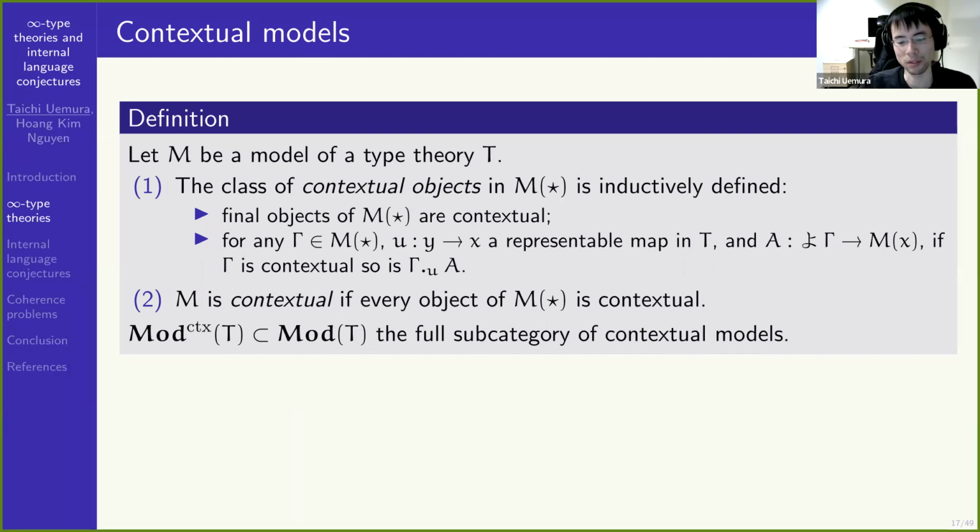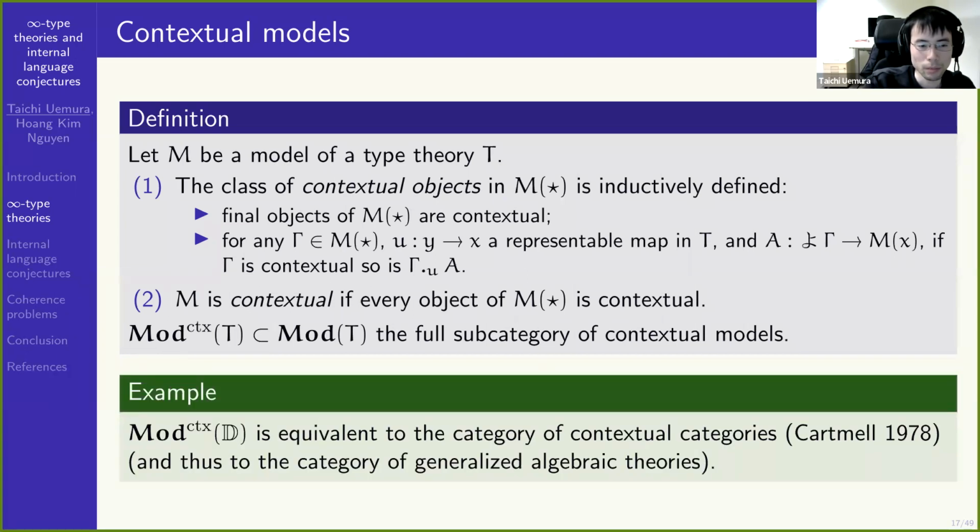Namely, if we build a model of type theory out of a syntax of type theory, such a syntactic model has a special property that every object in the base category is a context. And we formulate the notion of context like this. So the class of contextual objects is inductively defined. Namely, final objects are contextual, and context extension of a contextual object is also contextual. And then we say a model is contextual if every object in the base category is contextual. And then we define the full subcategory of contextual models.